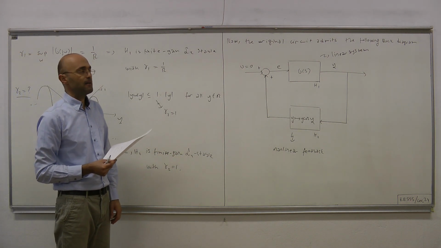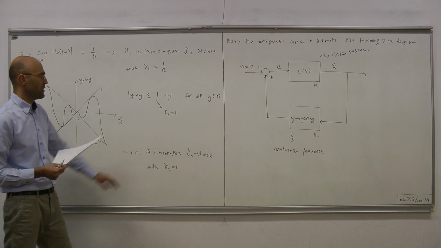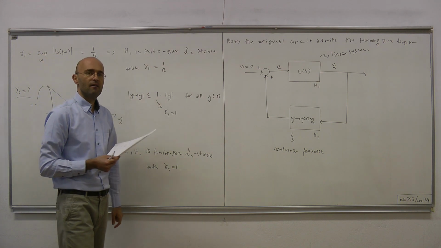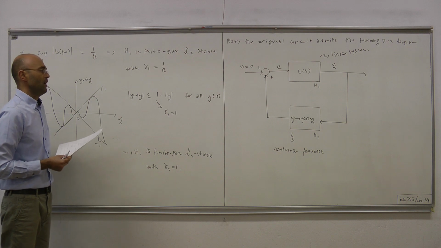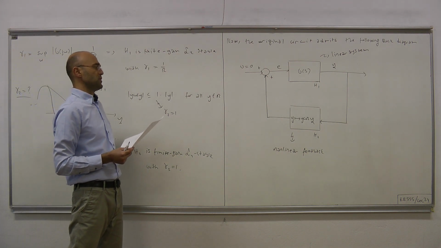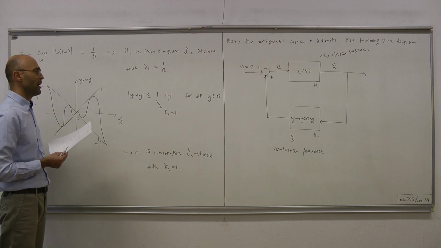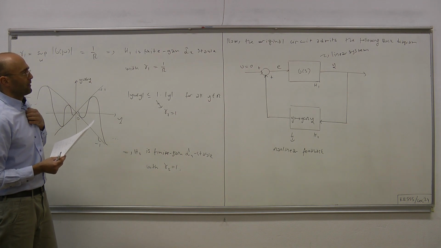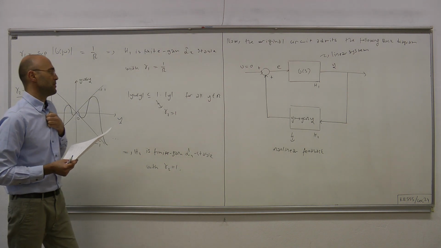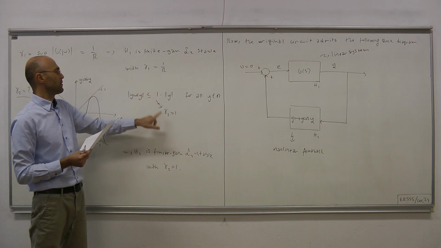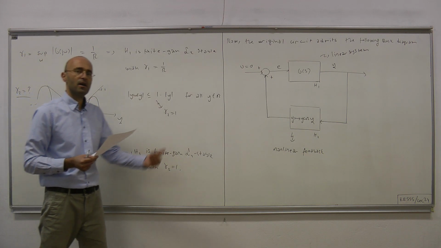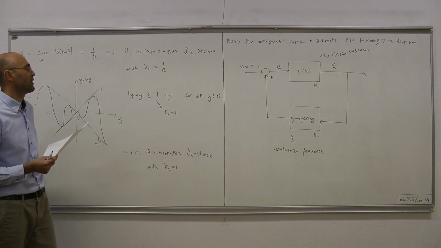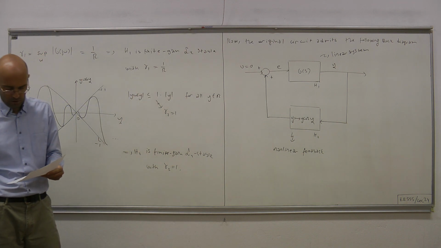Both are finite gain L2 stable, and we know the gains. The gain of the second one is 1, and the gain of the first one depends only on the value of the resistance, 1 over R. And what we want is for the overall system to be finite gain L2 stable, because that would imply that the power dissipated on the resistor is finite, and for that all we have to do is multiply those two gains, gamma 1 and gamma 2, and that should be less than unity. So that means R must be larger than 1.